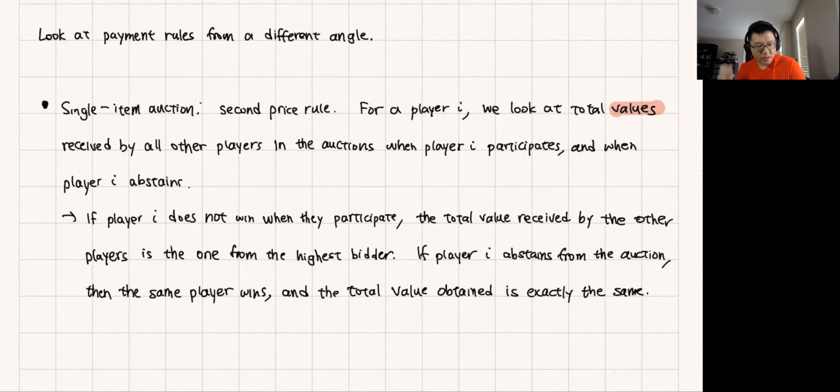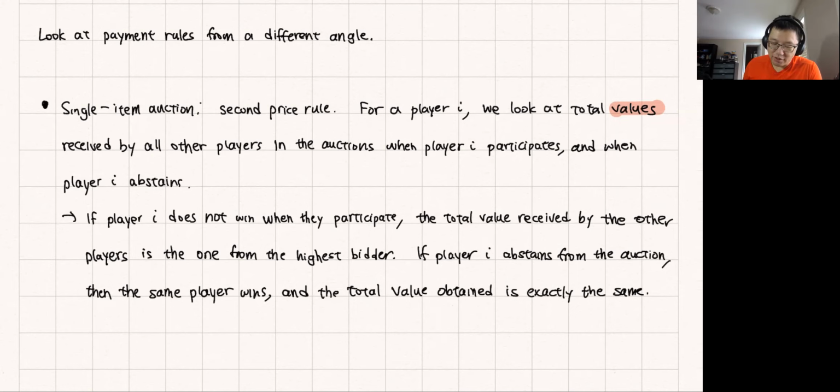Okay. Right, so this is the slightly more trivial case. In the single item auction, if a player does not win when they participate, then the result is the same regardless of whether the player participates or not.